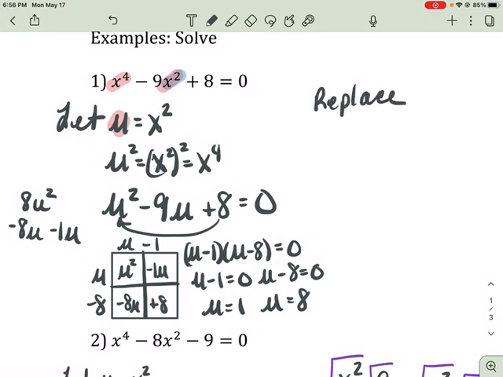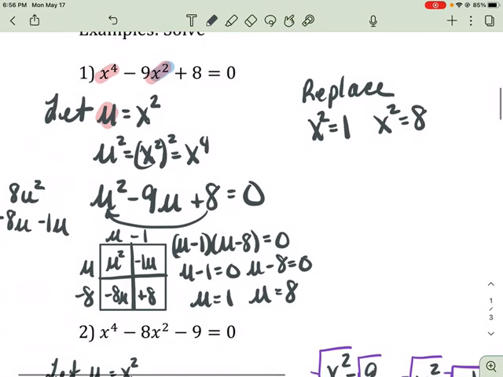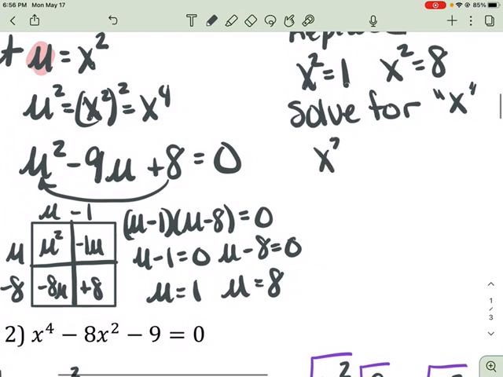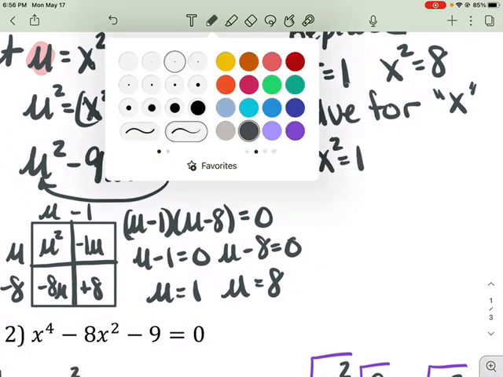So now we're going to go back and replace. So I'm going to replace u with x squared. So we get x squared equals 1, x squared equals 8. Now solve for x. Okay, x because it's the variable. All right, so x squared equals 1.